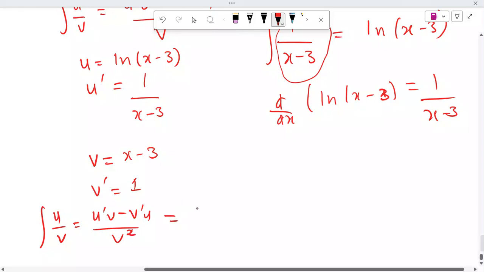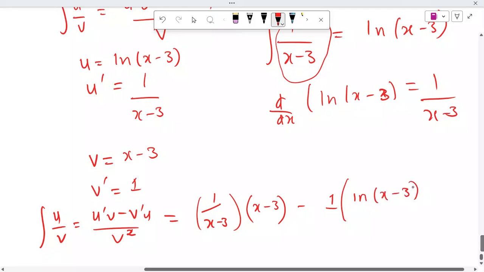So u prime is 1 over x minus 3. This is u prime. Then v is x minus 3. Minus, what is v prime? v prime is 1. And then what is u? u is ln x minus 3.